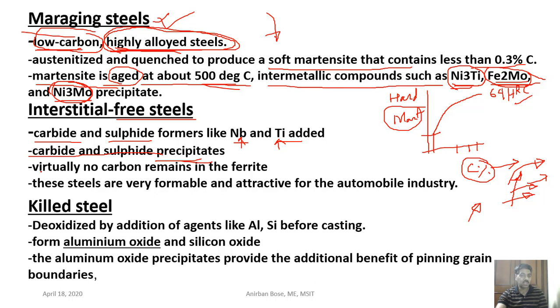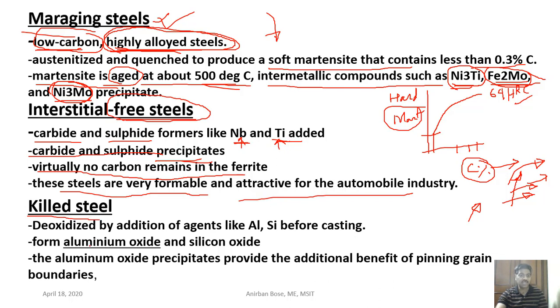That is why virtually no carbon will remain in this ferrite. Okay, so this kind of steel is very formable and very lucrative for the automobile industry. It is called interstitial free steel because it is carbon free, because they have strong carbide formers.